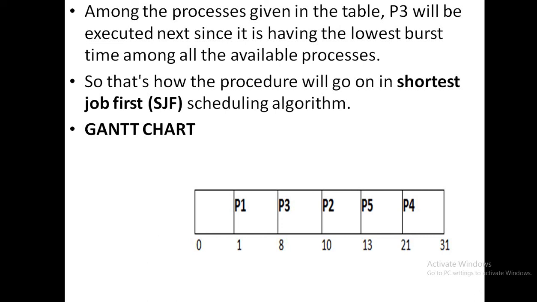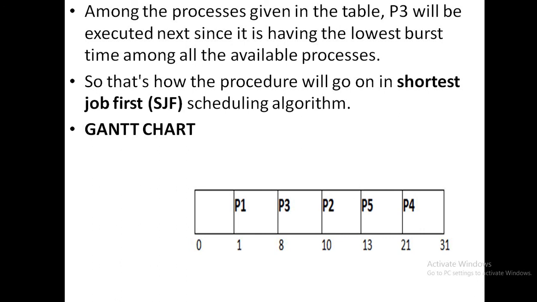Okay. So here, by seeing the Gantt chart, we will calculate the completion time of each and every job. The completion time of P1 is 8. By seeing the right side digit, we take it as the completion time. So P2 is 13, P3 is 10, P4 is 31 and P5 is 21. So these are the completion times of each individual job.